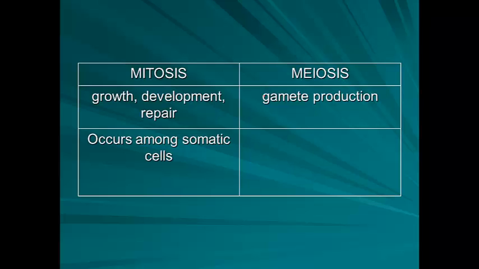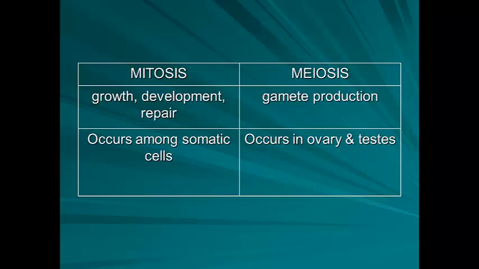They're the sperm and the eggs, so they occur in your sex organs specifically. In female humans we have ovaries in which our eggs are produced, so eggs are female gametes, and males have testes in which their sperm is produced, so sperm are male gametes.